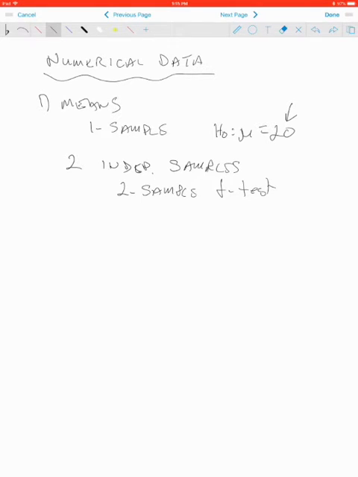Remember that if you're doing a two-sample t-test, you want to first test the assumption that the variances are homogeneous. So start with that f-test first to test this assumption. If that assumption passes, in other words, if you don't reject this null hypothesis, then do the t-test. It's the question of interest.